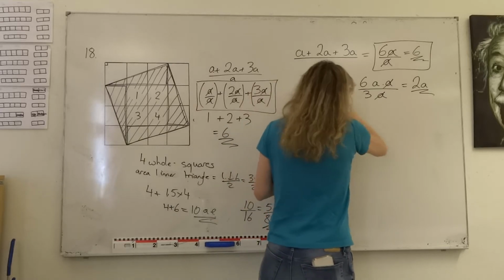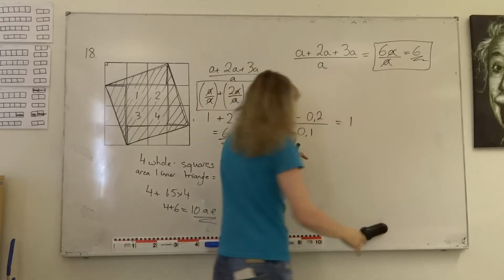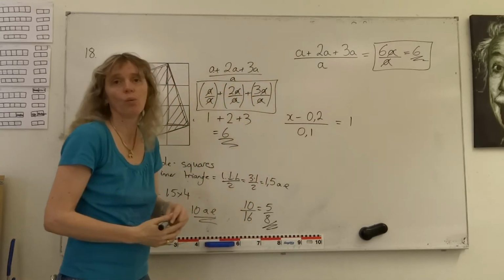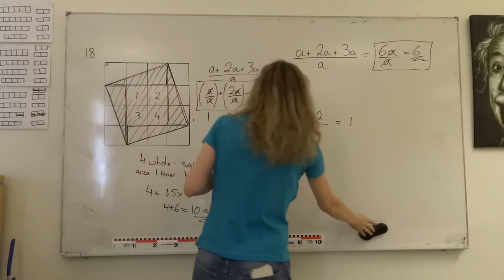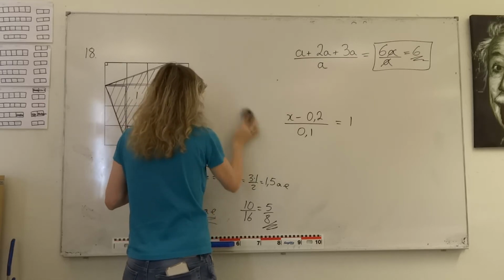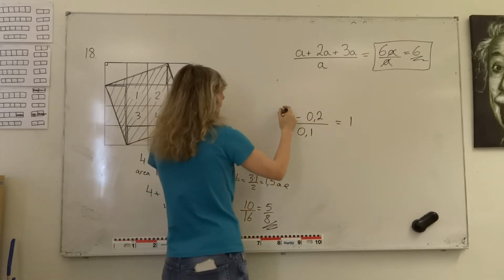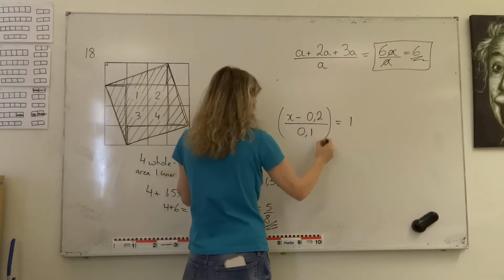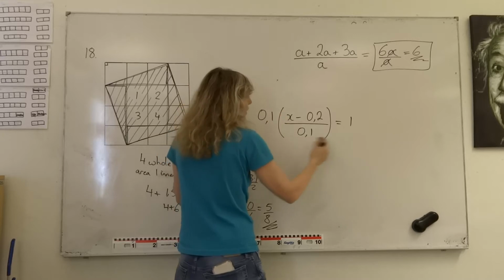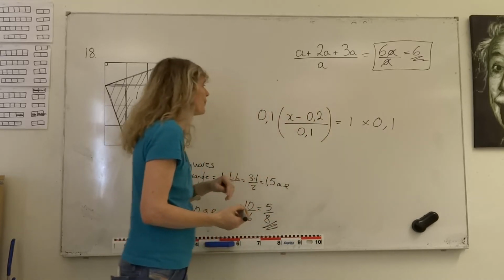Okay, then we have this last one where we have x minus 0.2 divided by 0.1. Well, we don't want to know what that is, so let's make it a little bit simpler for ourselves. Let's multiply the whole of this side by 0.1 and multiply the whole of this side by 0.1 as well.